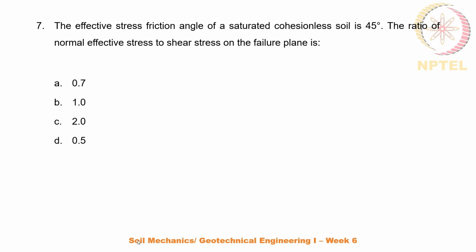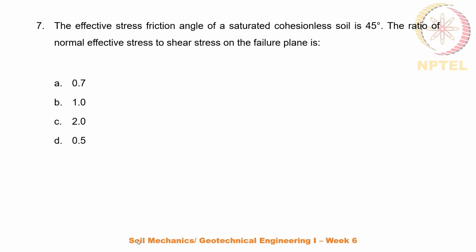The effective stress friction angle of a saturated cohesionless soil is 45 degrees. The ratio of normal effective stress to shear stress on the failure plane is, so we are given a saturated cohesionless soil and the effective stress friction angle of the particular soil is 45 degrees.